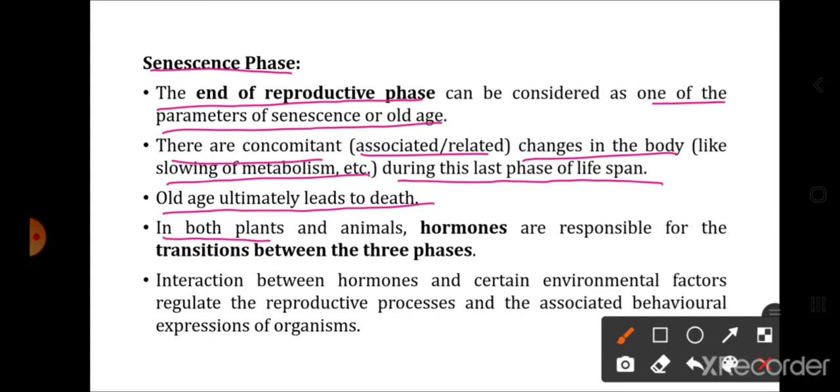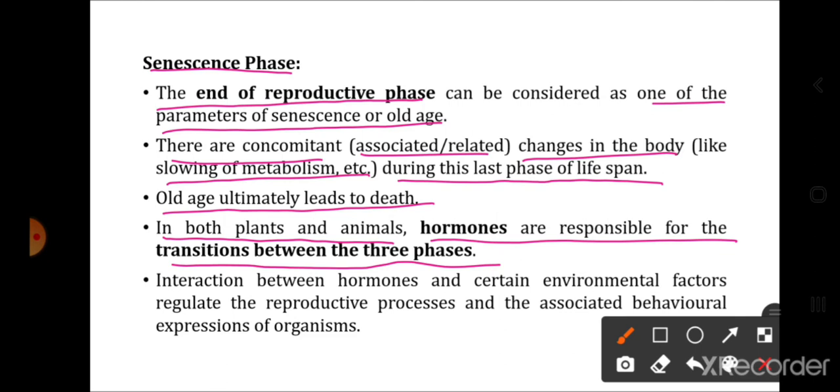In both plants and animals, hormones are responsible for transition between three phases. Which are the three phases? Juvenile, reproductive and senescence. So, very important thing to be kept in mind. So, the transition from the juvenile to the reproductive phase that we enter, who is responsible for that? Hormones.